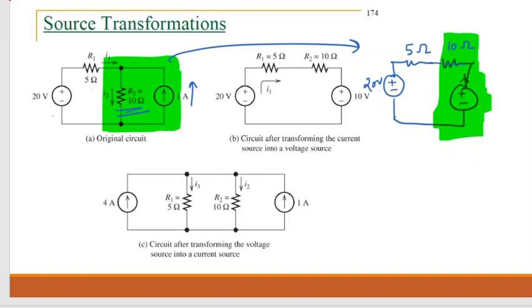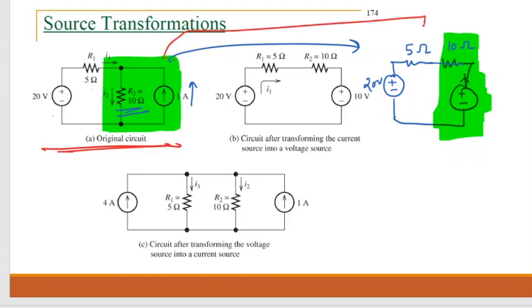But tell me the main factor. The original circuit consists of how many meshes? The original circuit has two meshes.